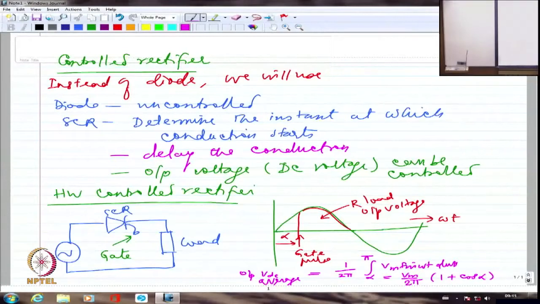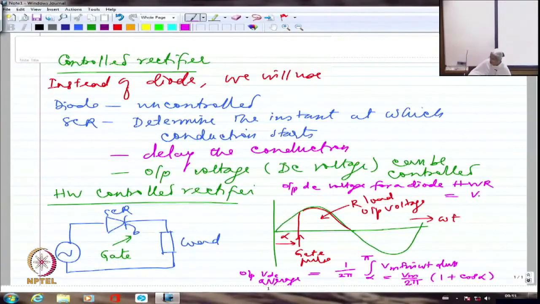We are delaying the firing essentially to get a variation in the output voltage, right? So the output DC voltage for a diode half wave rectifier is Vm by pi. So compare these two to find out how the controllability is in one case versus the other. Whenever I am going to have an SCR, I will have reduced voltages provided I am delaying the firing. I am talking in both the cases about the same R load.